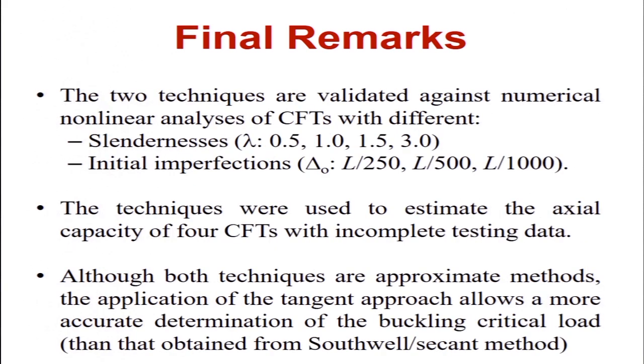And we looked at different ranges of lambda and different ranges of initial imperfections. And we found out that insofar as the lambdas are concerned, the larger the lambda, probably the better the technique works. It works equally well for different initial imperfections. So whether you choose an L over 500 or an L over 1,000 really doesn't matter very much.